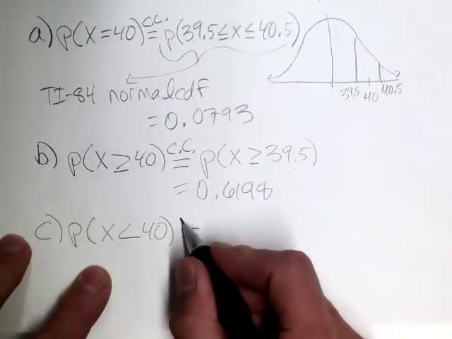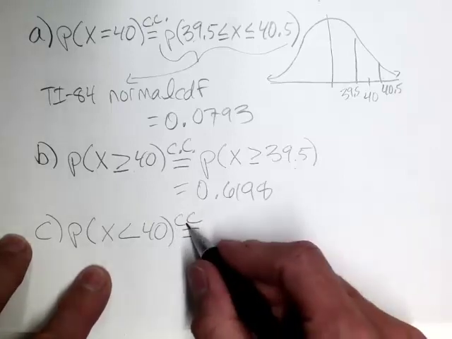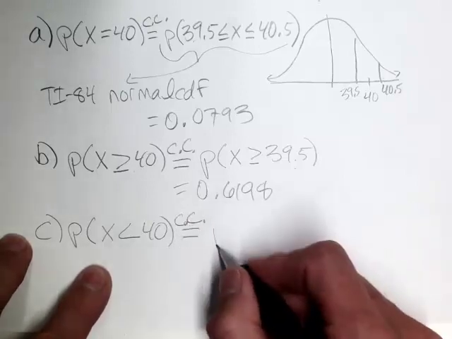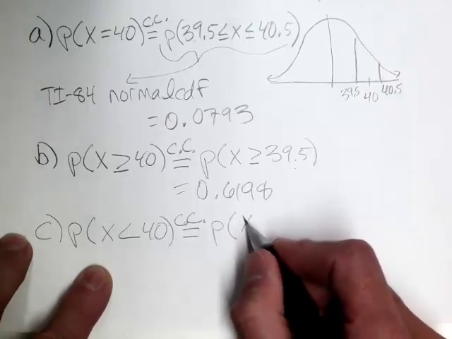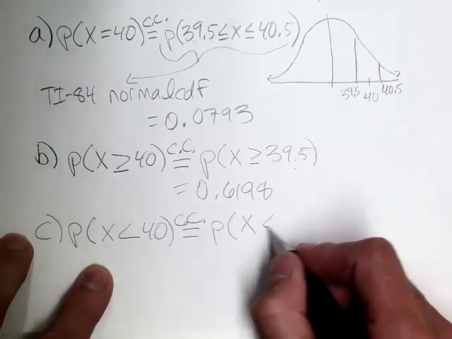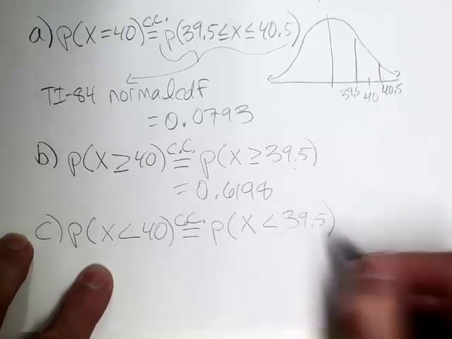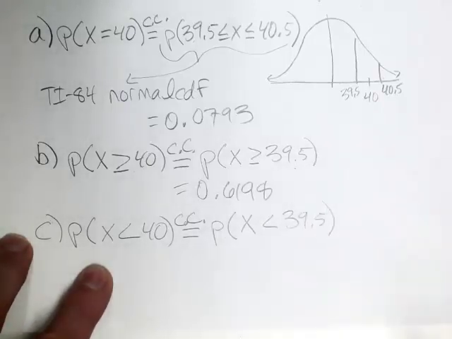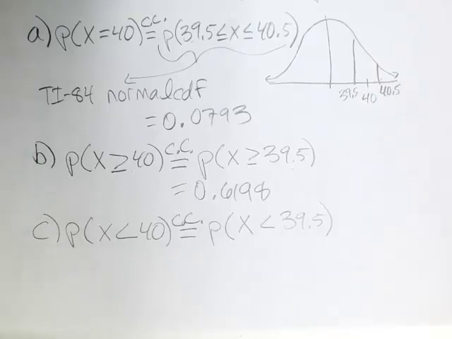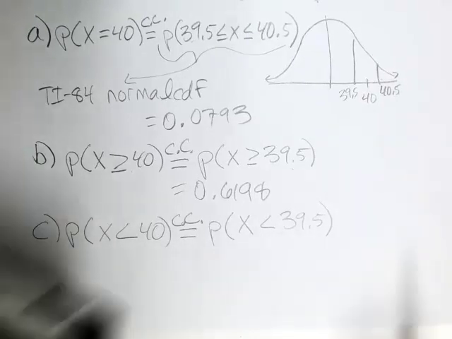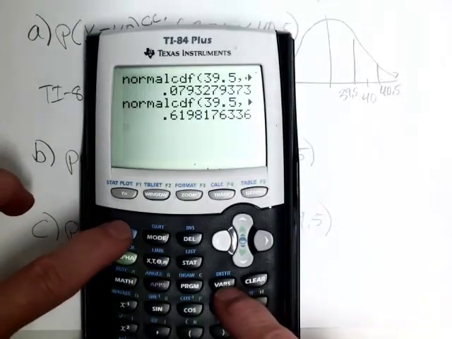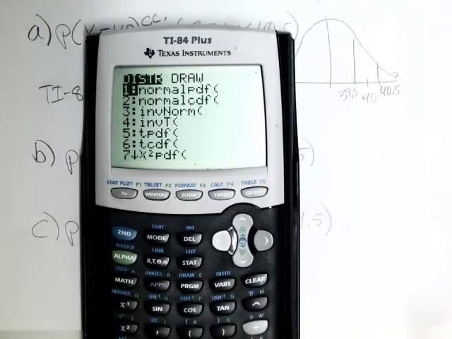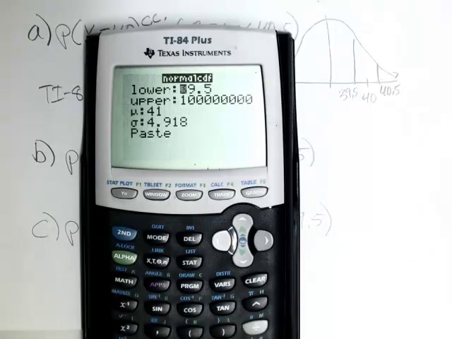So applying that continuity correction, the CC, that's going to be equal to the probability X is less than 39.5. Now, in the continuous case, it doesn't matter if you include the case of equality or not. All right, so again, I can use my normal CDF function in the calculator. So I'm going back to my distribution menu, select normal CDF.